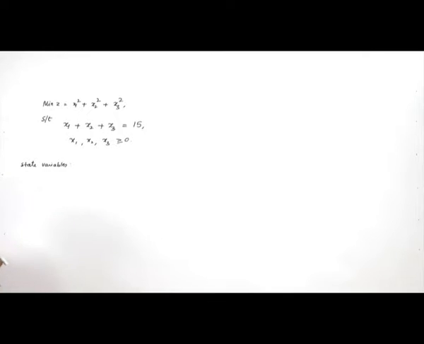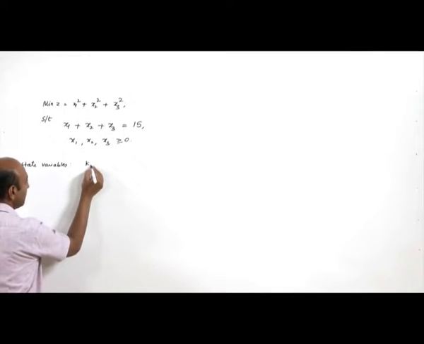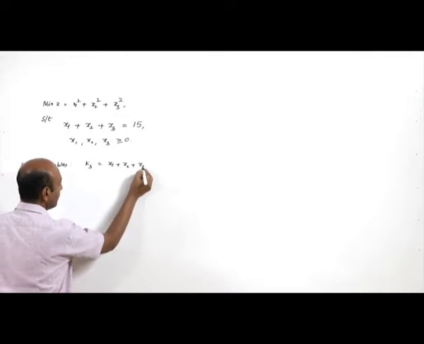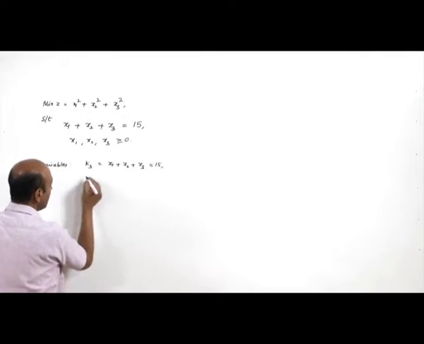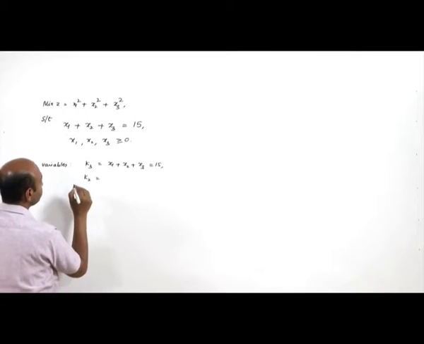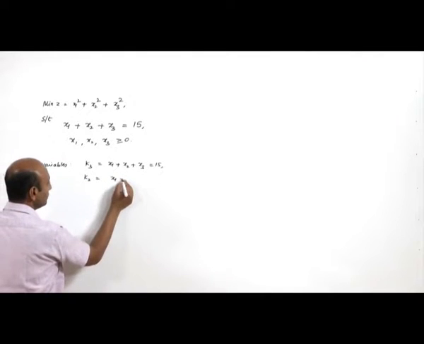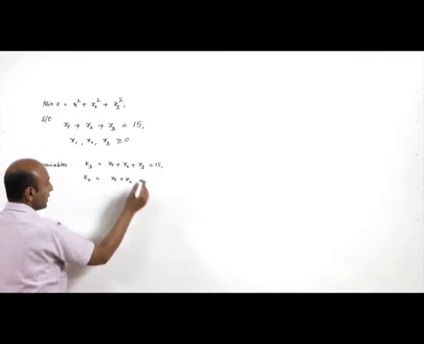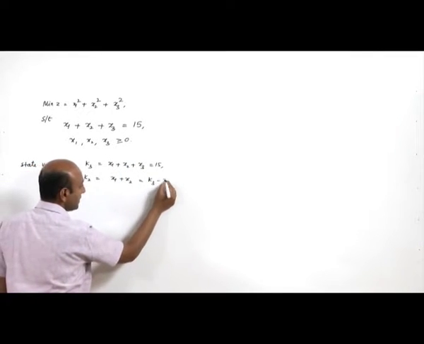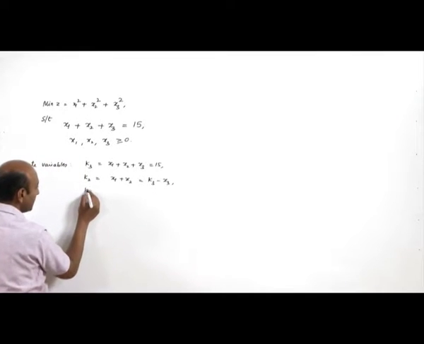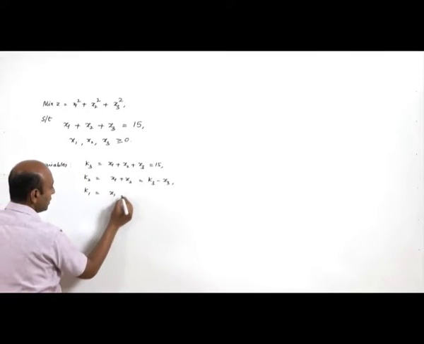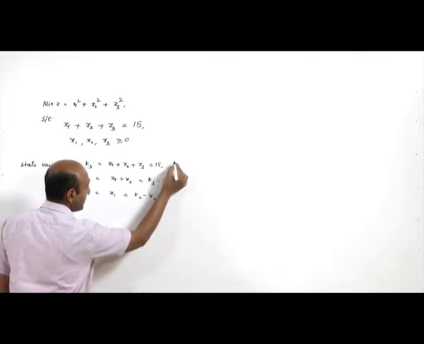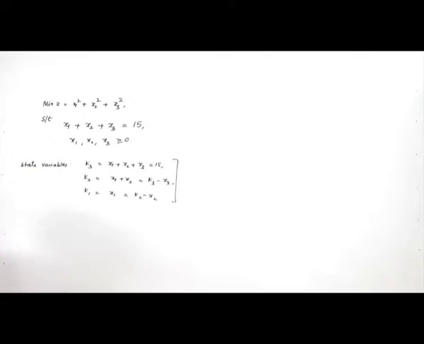We take k3 as x1 plus x2 plus x3, which equals 50. k2 we take as x1 plus x2, which from this expression equals k3 minus x3. And then k1, which is x1, equals k2 minus x2. So these are the state variables which we let.